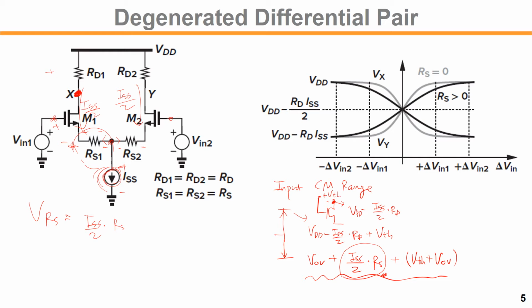Also, this is the input common mode range, but the output range is also reduced because of the fixed DC voltage drop across RS. The minimum peak it can go down to would be reduced, right?